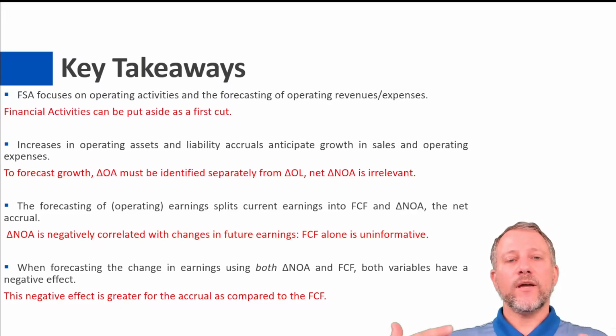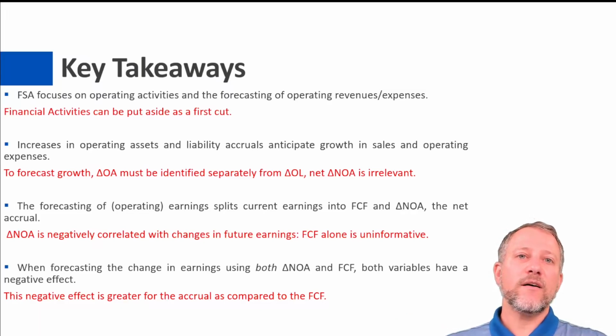However, we can put both of those together into the benchmark accruals model, and incremental to one another, they'll have a negative effect, but because the effect of FCF is only holding constant whatever your accruals are, the accruals are going to take a primary role in this forecasting exercise.